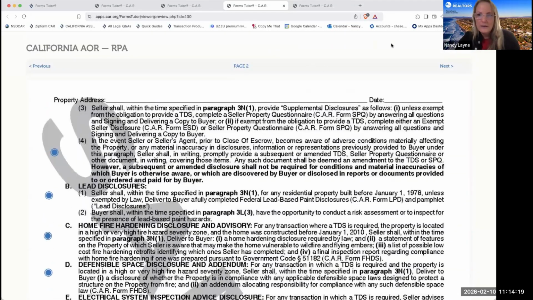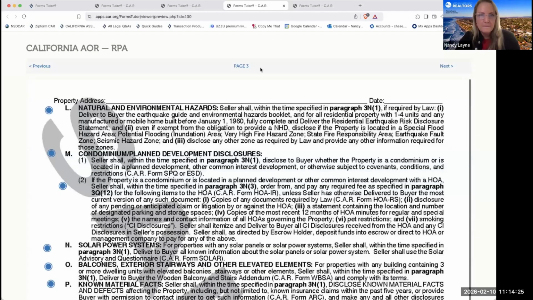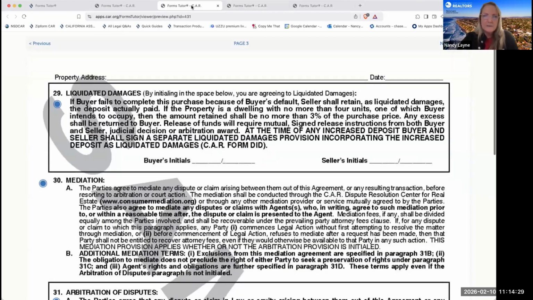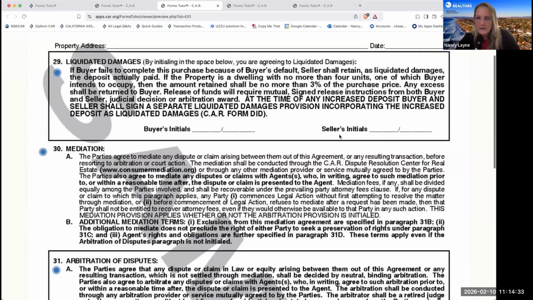And then let's go to, there we go. Liquidated damages. If you are initialing liquidated damages, that is a decision made by the buyer and seller. That's why it's in a little box.